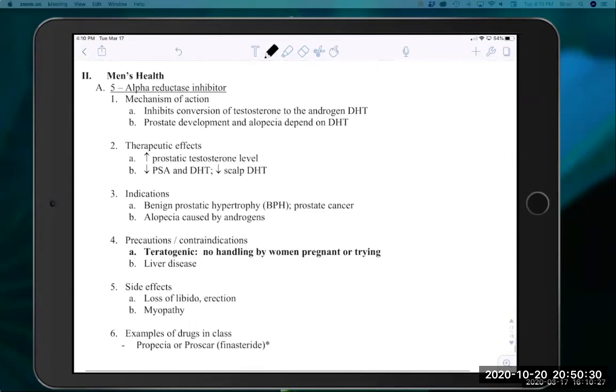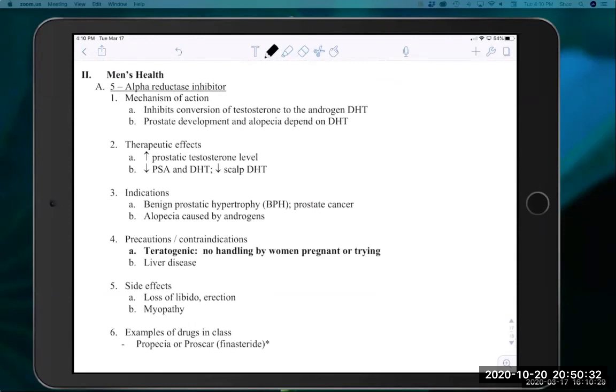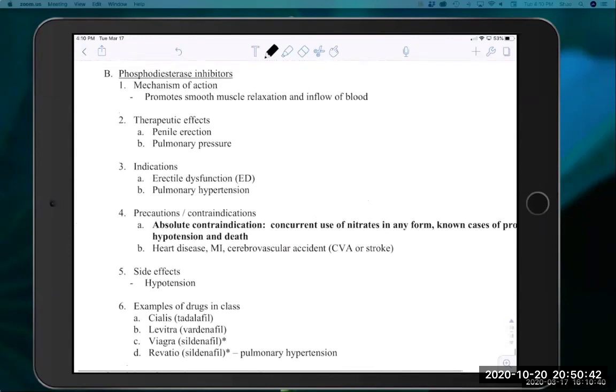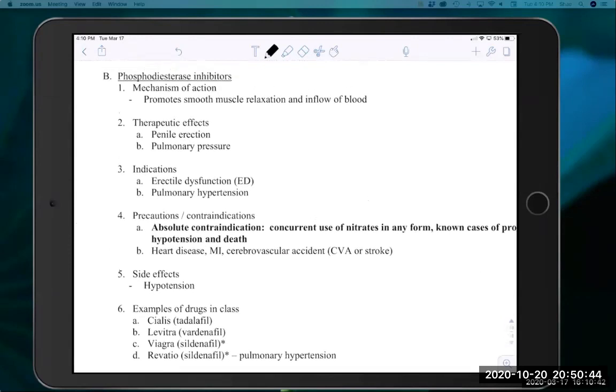In regard to men's health, there's also a bunch of medications listed, but what I really want you to know and understand for testing purposes is letter B here, which is phosphodiesterase inhibitors. What this does is it promotes smooth muscle relaxation and inflow of blood.